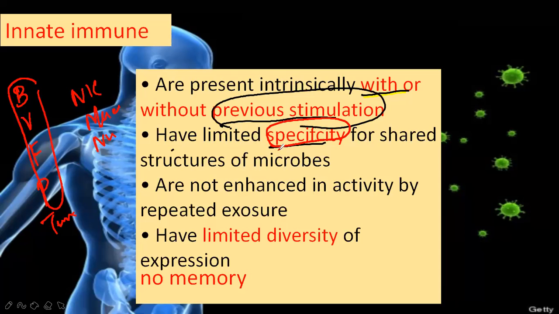So, limited specificity. According to the structure of the microbe, every bacteria is different, every virus is different, every fungus is different, but the mode of killing is just the same. If your enemy changes shape or becomes stronger, innate immunity fails there. Why? Because innate immunity has limited specificity.